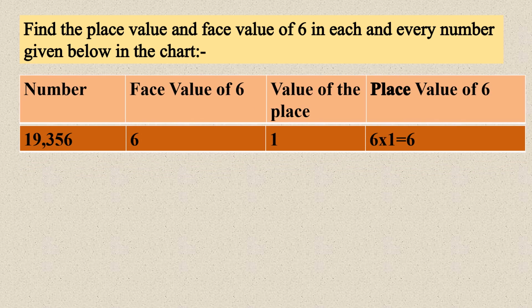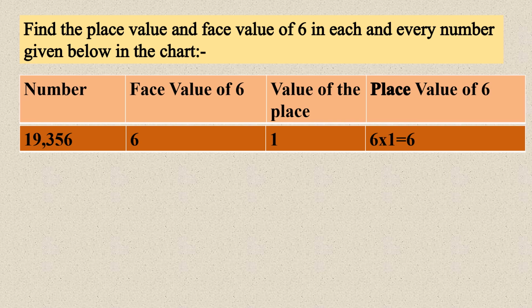In this number, face value of 6 is 6. Value of the place is 1. Place value of 6 is product of face value and value of the place. So place value of 6 is 6 multiplied by 1 is equal to 6.